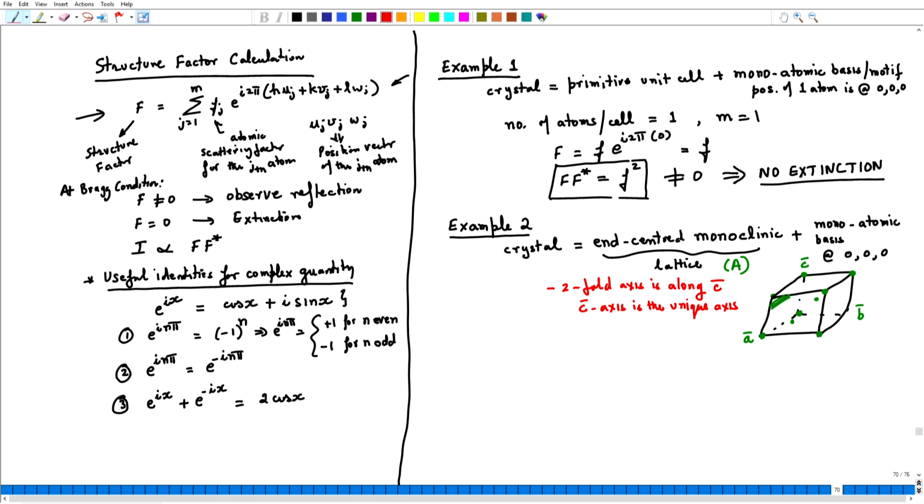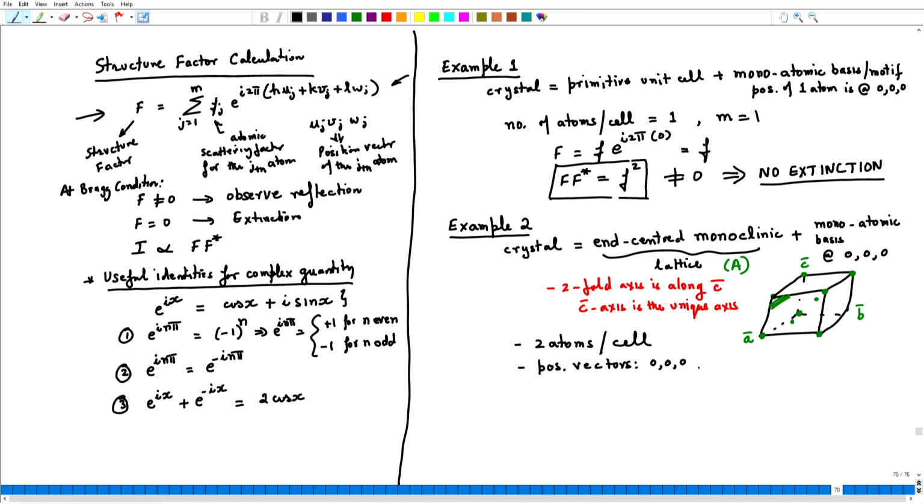So, now we need to figure out what is uj, vj, wj. So, first of all we have that there are in this case two atoms of the same kind per unit cell, and their position vectors are 0, 0, 0.